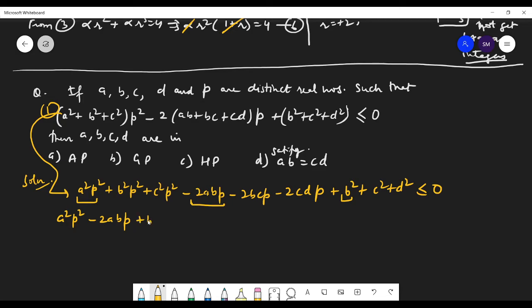Plus now again this term B square P square and then 2BCP and C square.